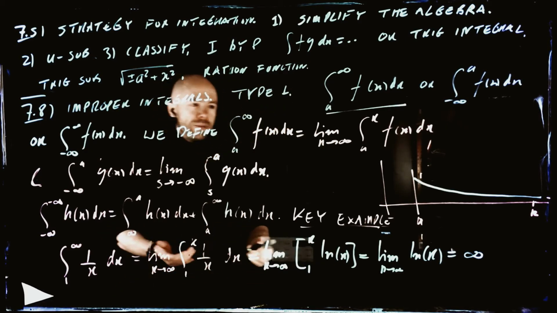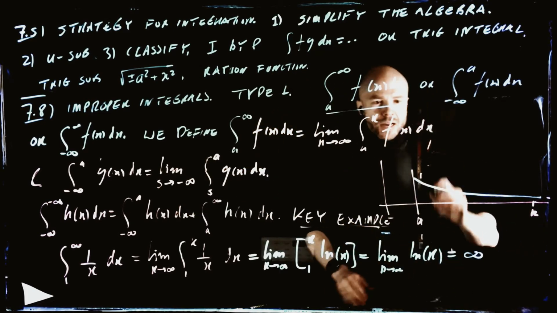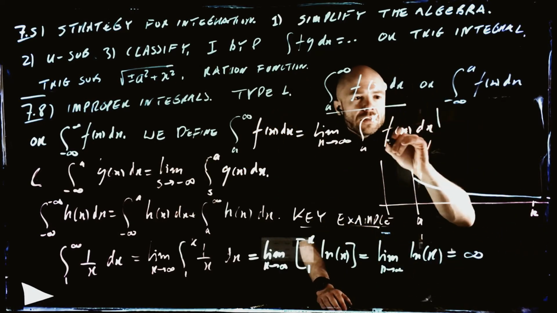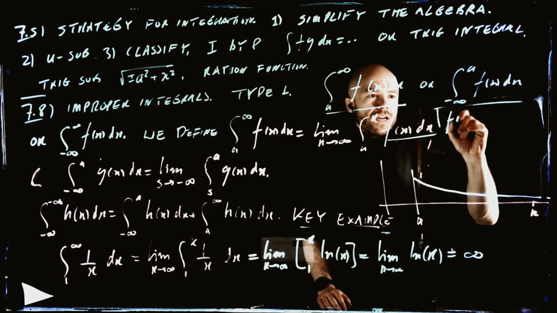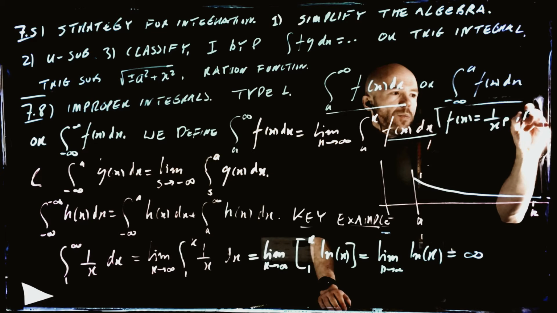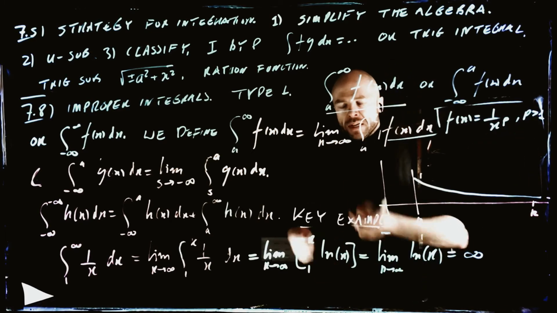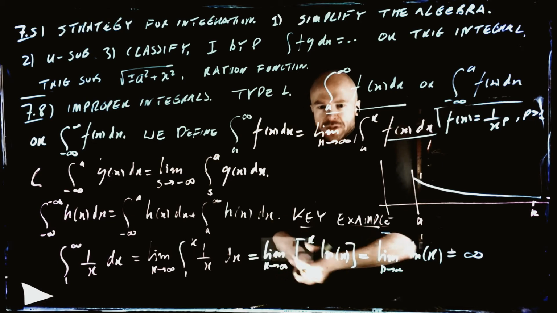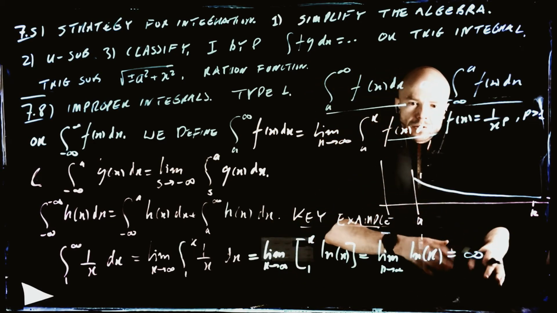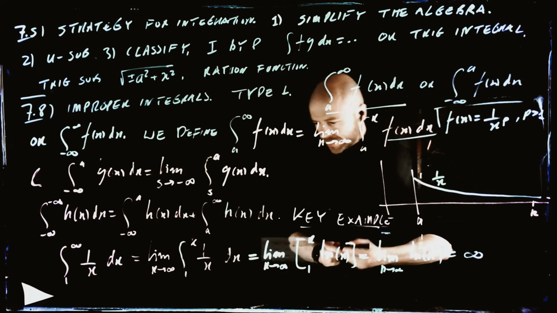If we consider something that is going down to 0 just a little bit faster than 1 over x, for example, consider f(x) equals 1 over x to the p for p bigger than 1, right? So if p is bigger than 1, then x to the p is bigger than x. So 1 over x to the p is less than 1 over x, right? So the graph of this guy lives under the graph of 1 over x.